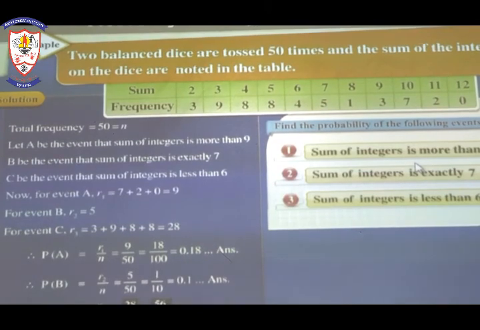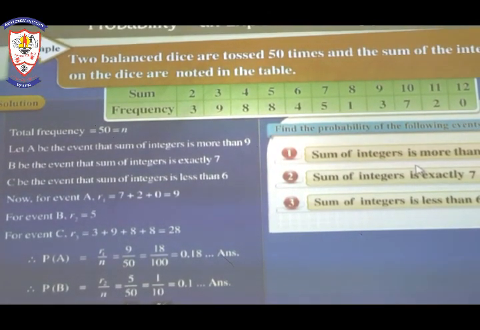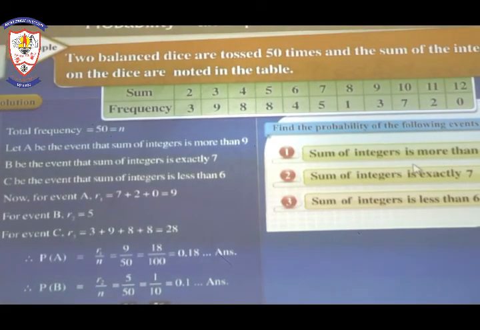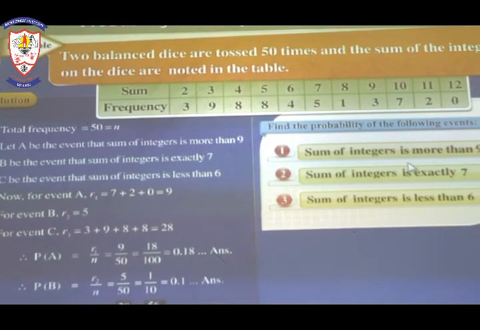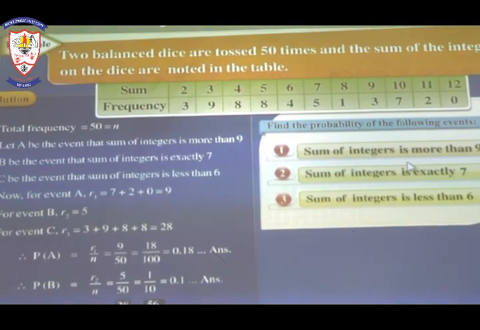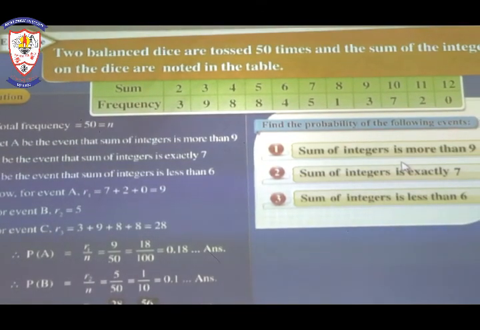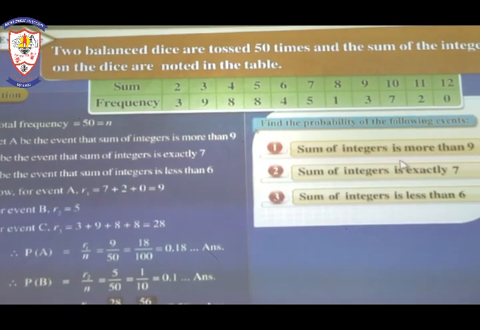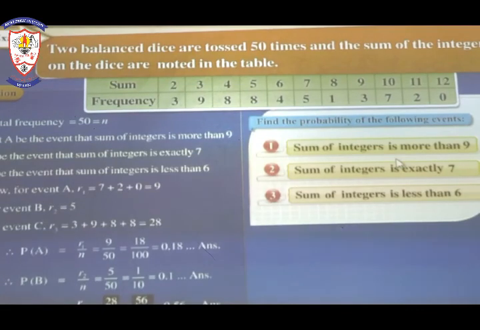Now for event A, we have to see the sum of integers more than 9. For more than 9, the frequency is 7 plus 2 plus 0, which is equal to 9. For event B, the sum is exactly 7, the frequency is 5. For event C, where the sum is less than 6, we add 3 plus 9 plus 8 plus 8.